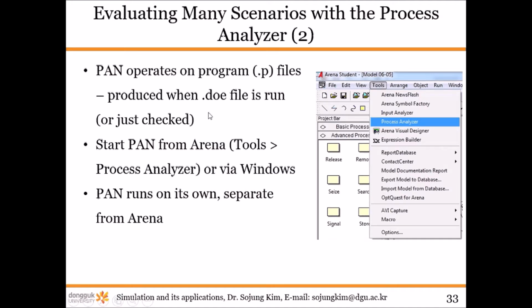You need to run your simulation model at least once. Once you have that .p file, you can open the process analyzer to use it. So process analyzer uses the .p file instead of the .do file.